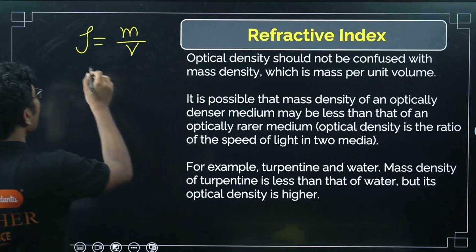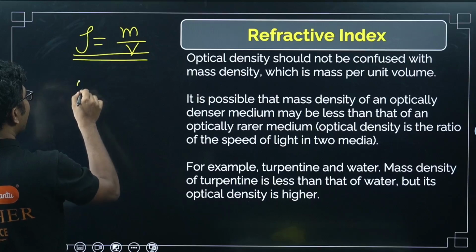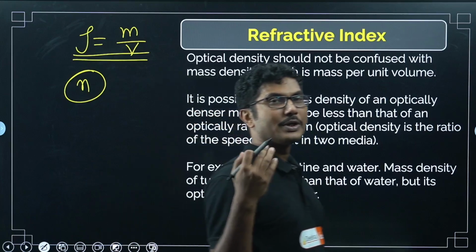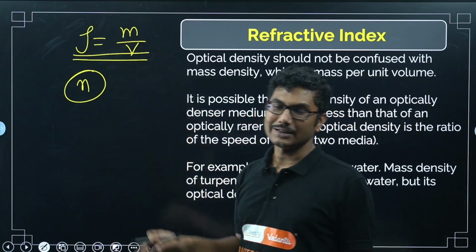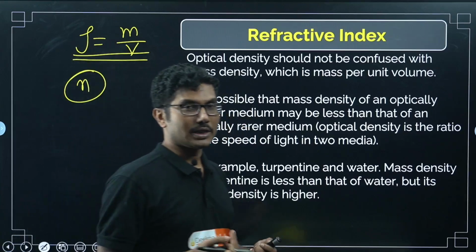So similar to mass density, you can consider refractive index as a measure of optical density. So you can consider this as optical density. Now one more thing, this term refractive index is a unitless quantity.